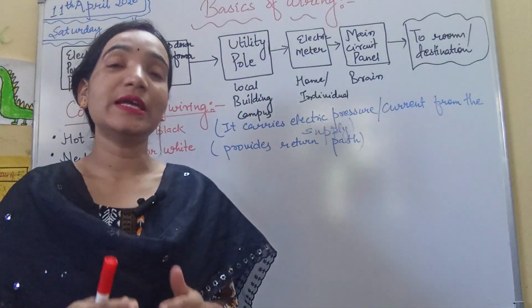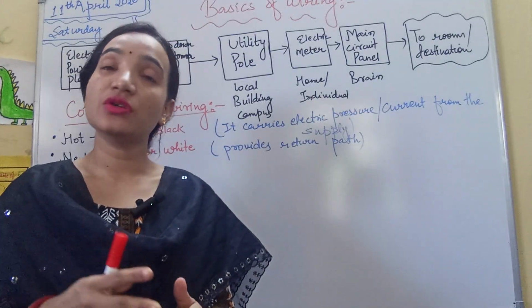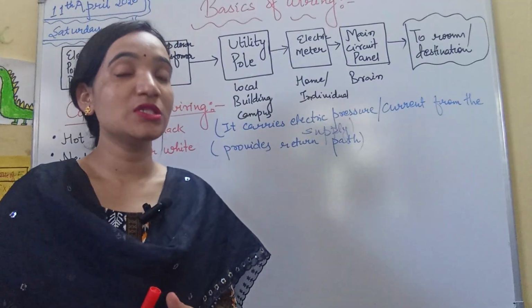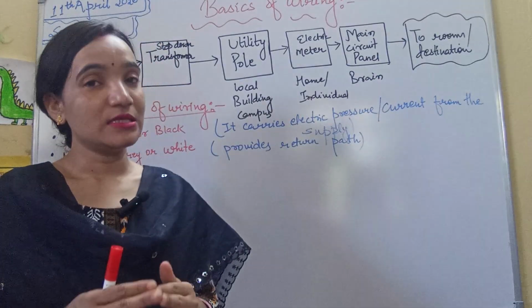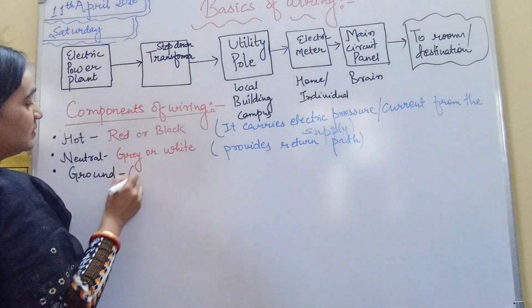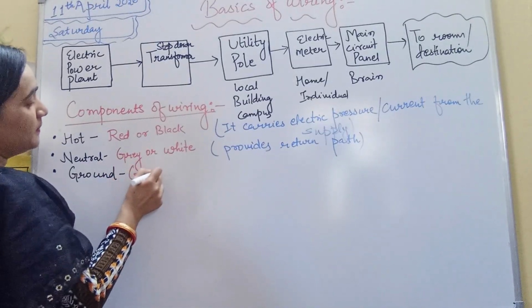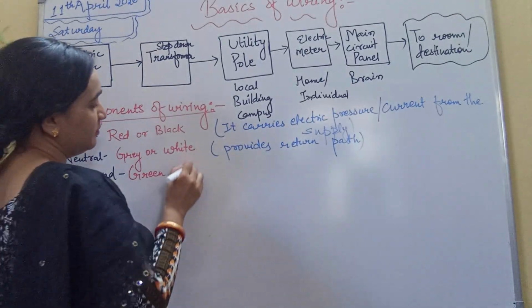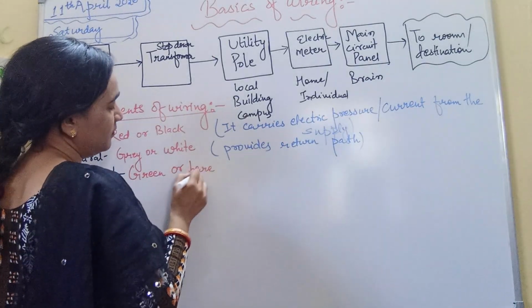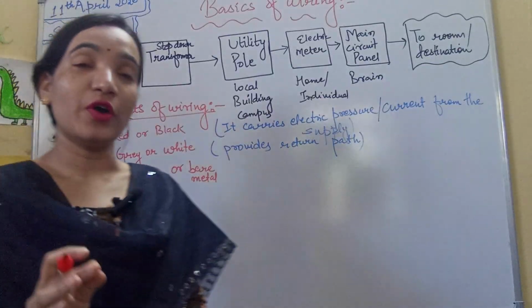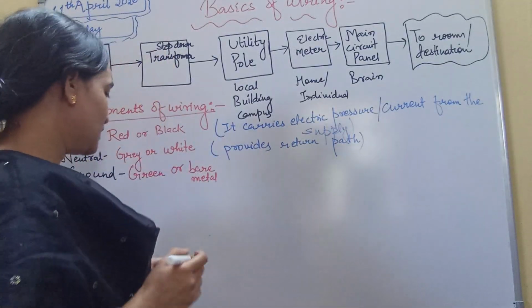So to avoid that accident, to ensure safety and to save the device from getting damaged, earthing is done. For earthing, you can see the wire with green color, or bare metal.